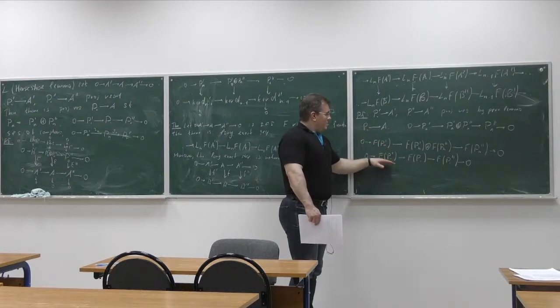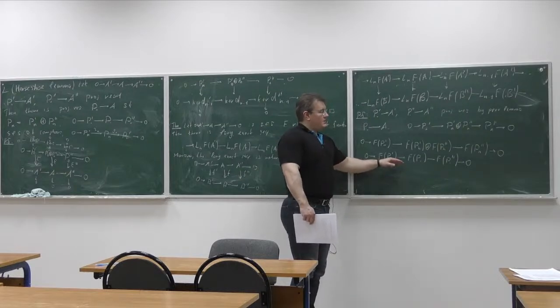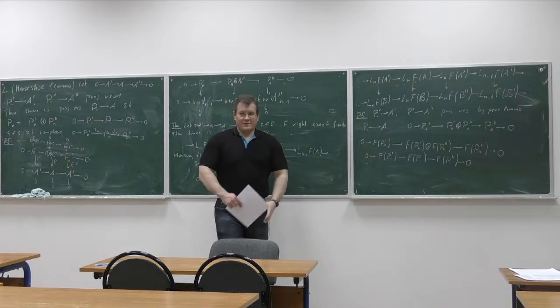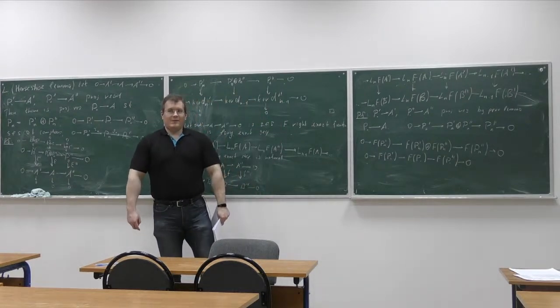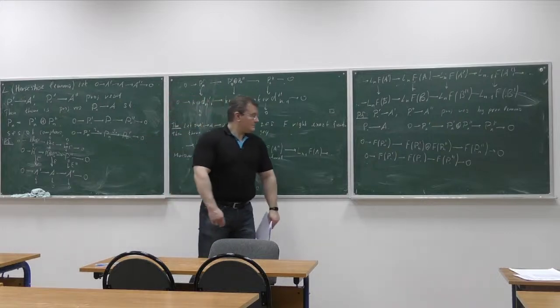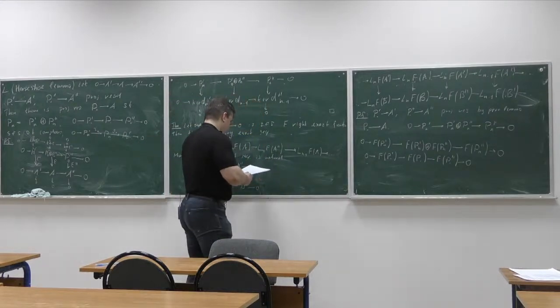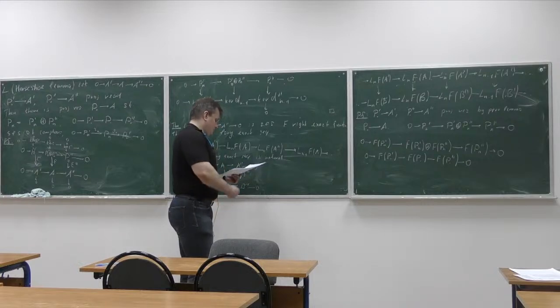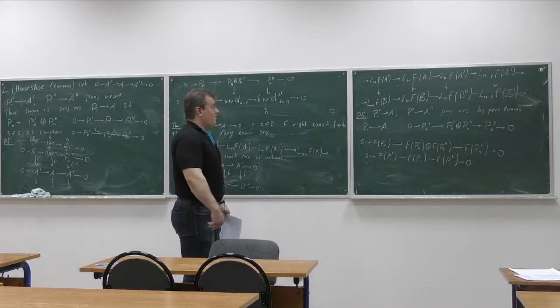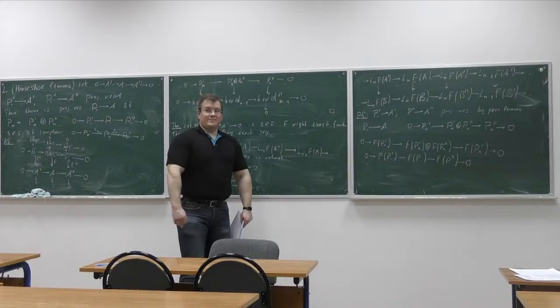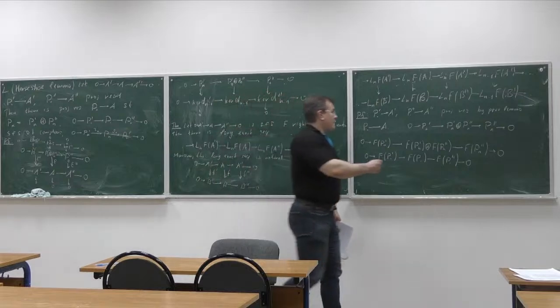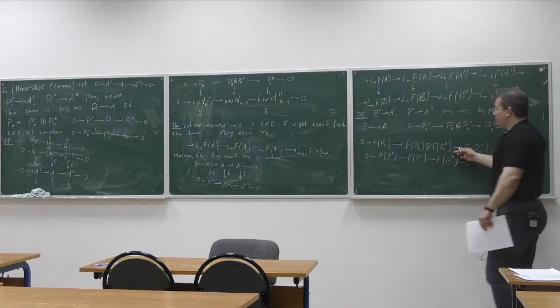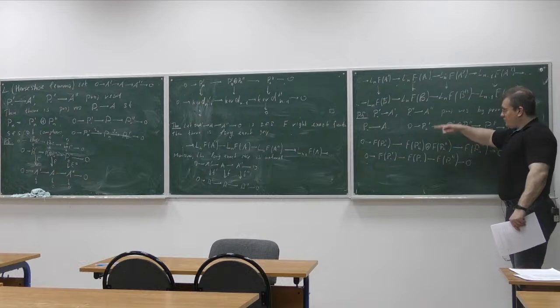Now the next question: is it true that this short exact sequence of complexes is split? Well, the answer is no. That is because you have these splittings for each individual level, so on each level this splits.